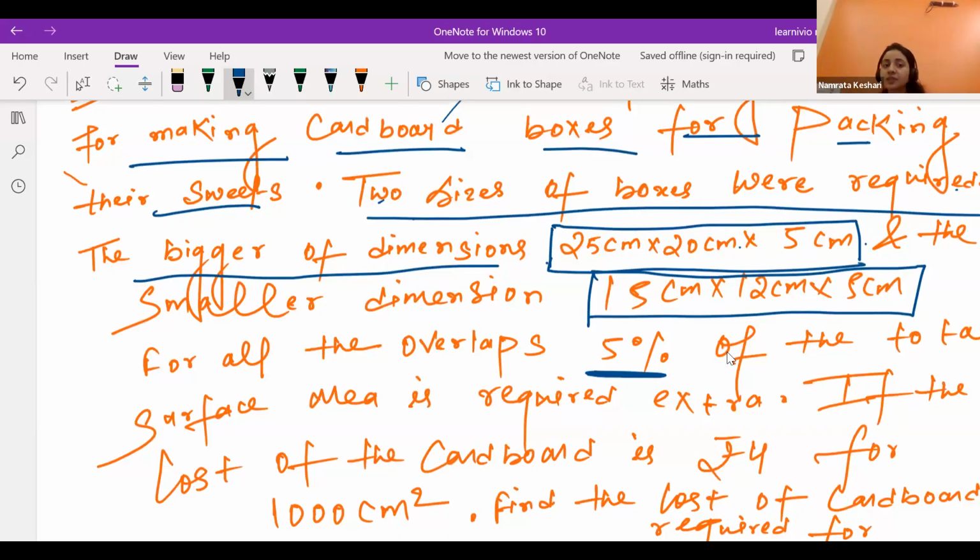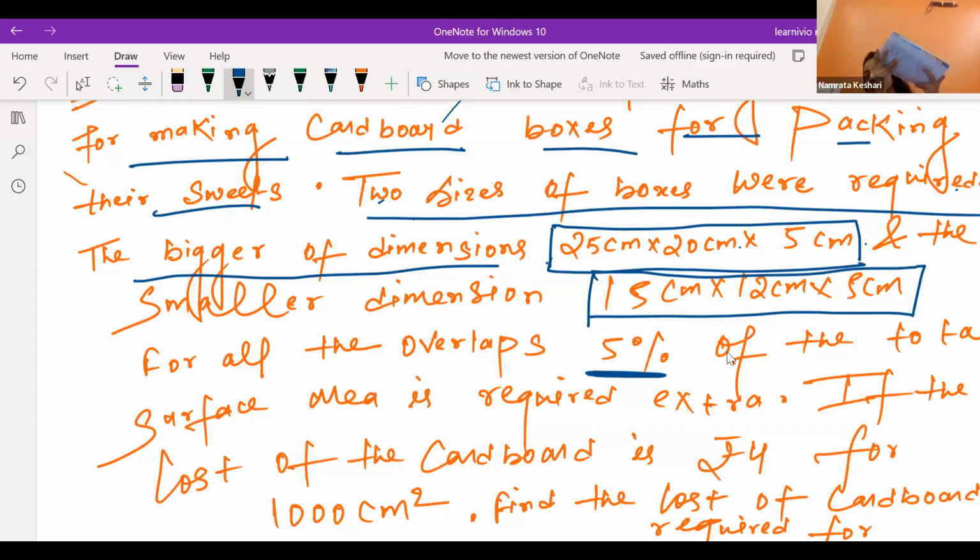That's why it is mentioned over here that 5% extra is going in the overlap. When we find the surface area, there is a chance that we will not think about the overlaps, right? The sweet box will look like this, maybe.